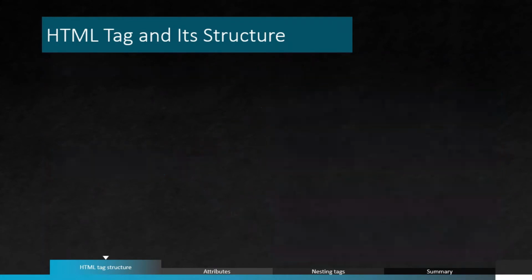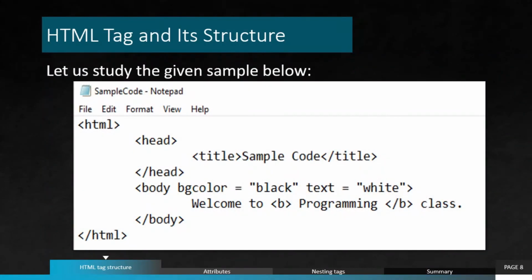So let's see. Give an example. So, ang pinaka-main structure ng paggamit natin ng HTML tag are the following. If we're going to take a look at this one, okay, ito yung mga basic tags natin. The pair of the HTML tag, the pair of the head tag, the pair of the title tag, and the pair of our body tag.